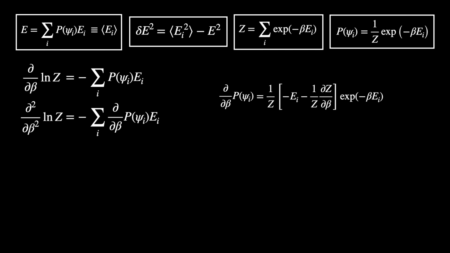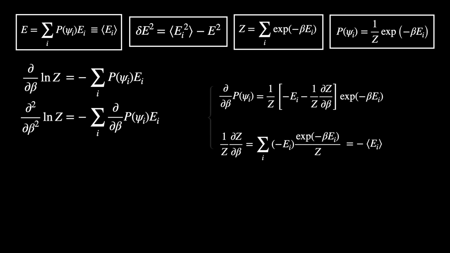From this second term, 1 over Z times dZ/d beta equals summing over i minus E_i times the Boltzmann weight divided by Z. This is just the negative of the average energy.